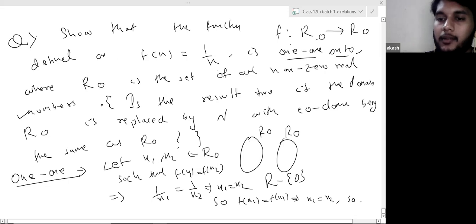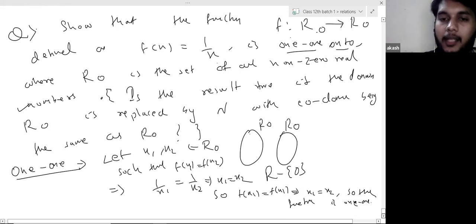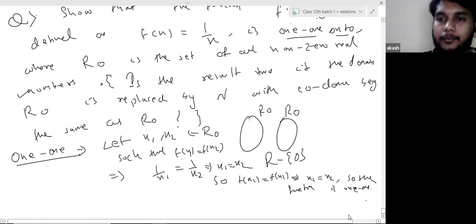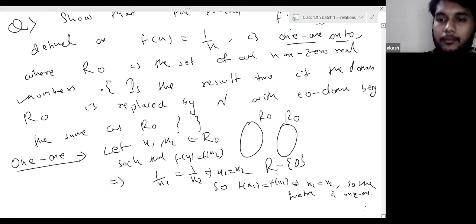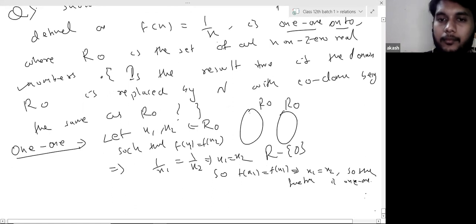So the function is one-one. All right, very easy. Any doubts in this? Anyone?